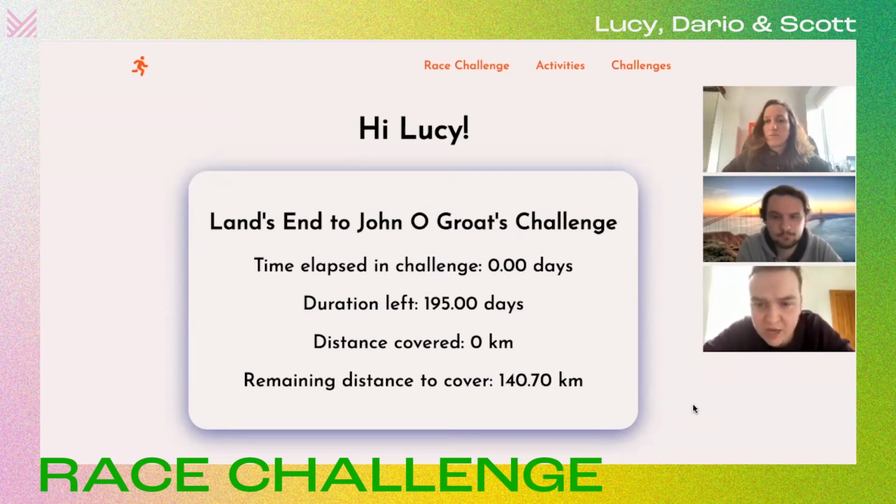There's the days you've got left, 195. There's the cumulative distance you've covered towards your run. From when the button was clicked until 195 days from this date, every run you do through Strava will be added up, calculated and displayed on that page. And then you've also got the remaining distance to cover.